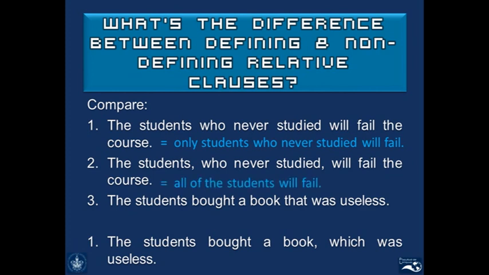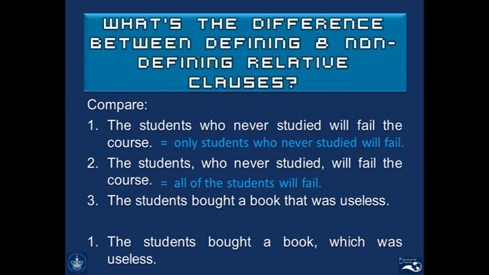So if you see, the first example is a defining relative clause, because the clause who never studied is defining the subject, the students, whereas in the other case, the sentence is the students will fail the course, and the relative clause is only adding additional information to the main sentence. In other words, this is a non-defining relative clause.